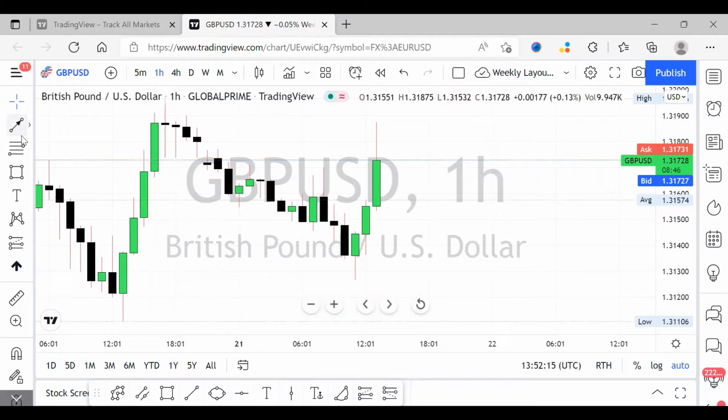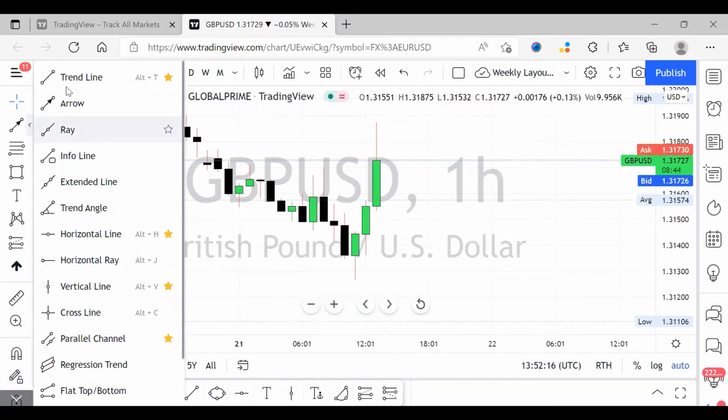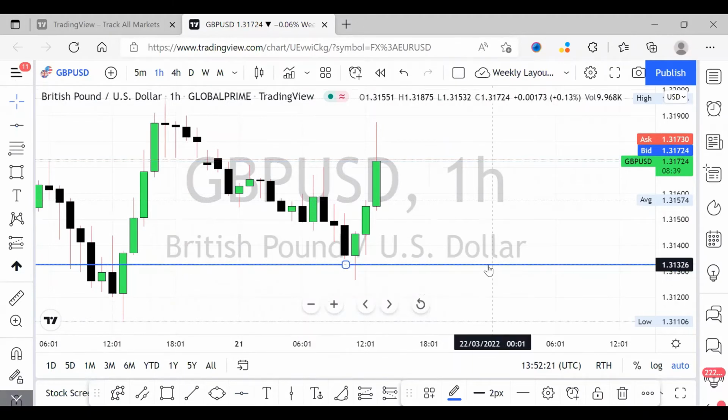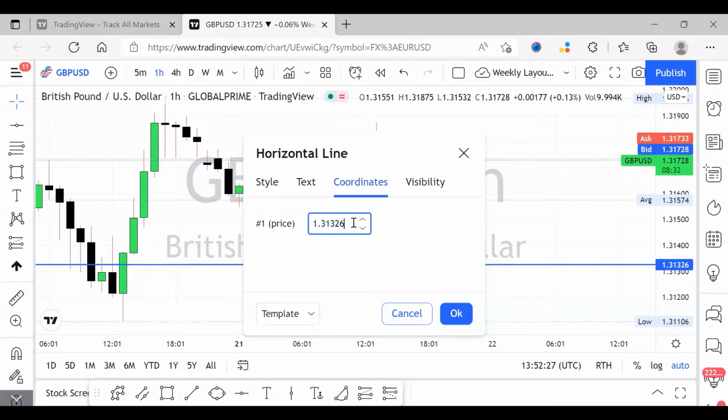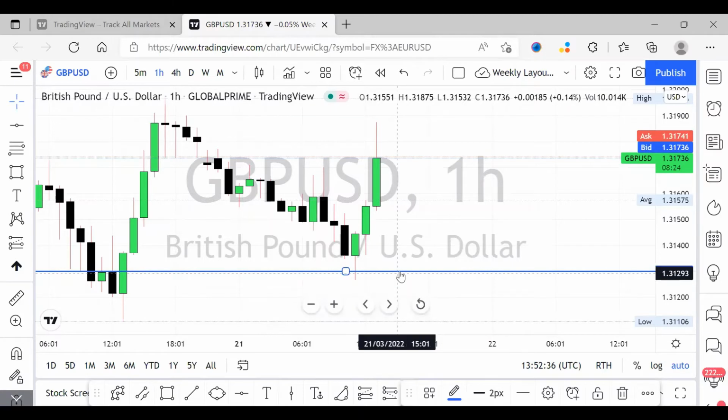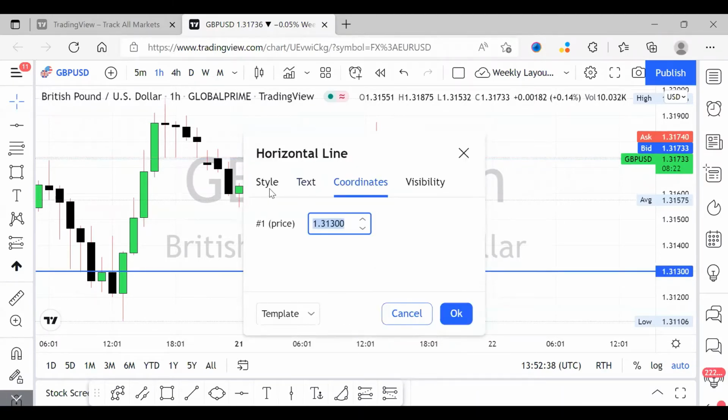With a horizontal tool, just mark your line anywhere. Double click it, click on coordinates. Change the last 2 digits to whole numbers. So that's your 300.